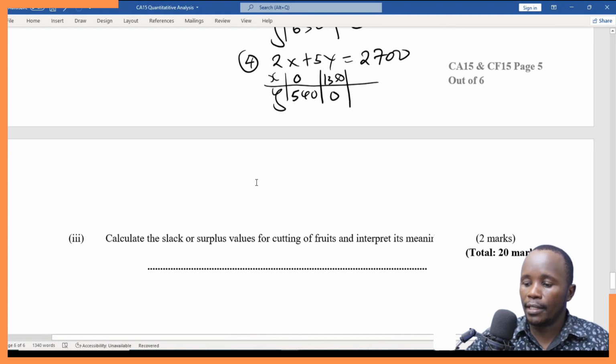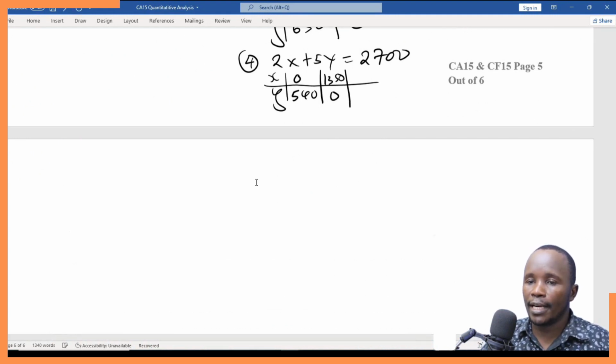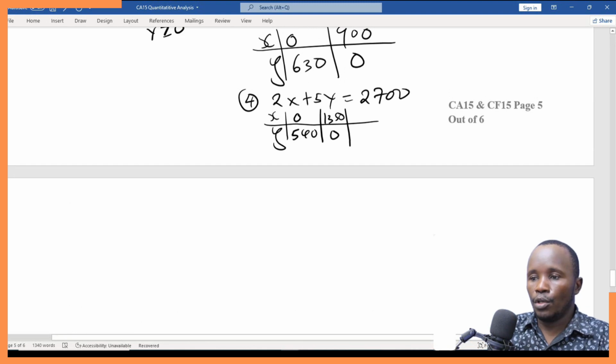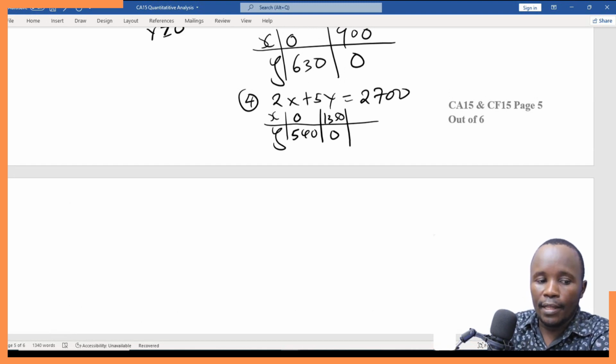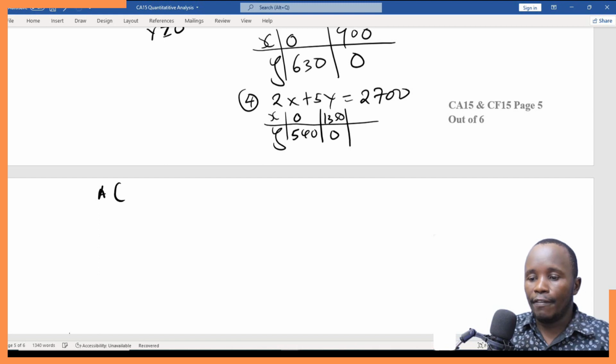We have found that once you plot that graph, you'll find that the first corner is A. What does A have?